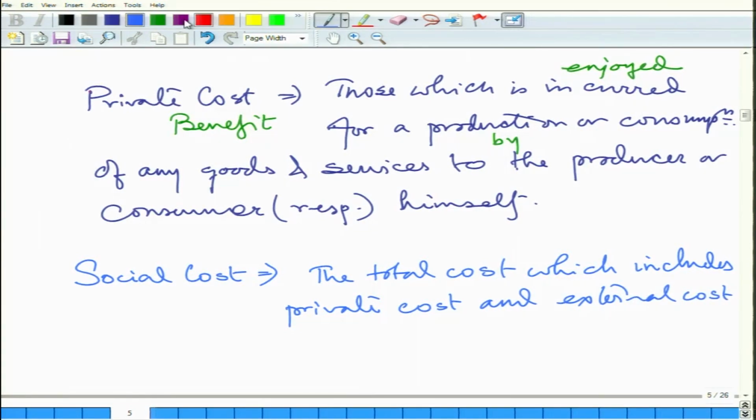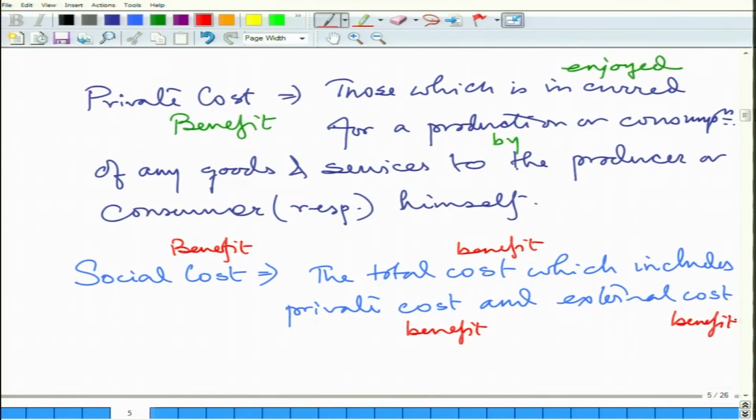Similarly, social benefit is the one which includes total benefit, which is the private benefit and external benefit.